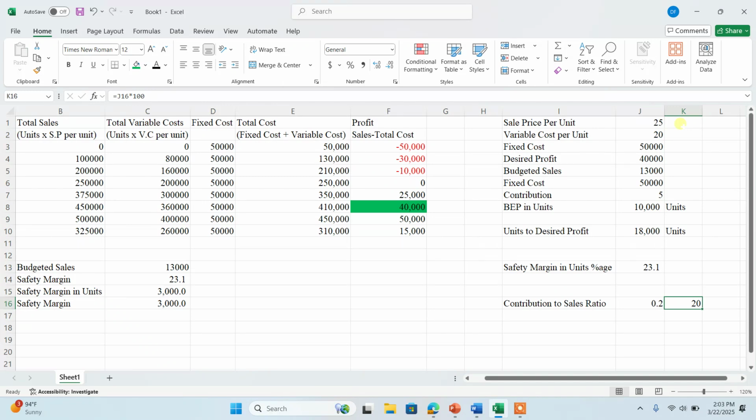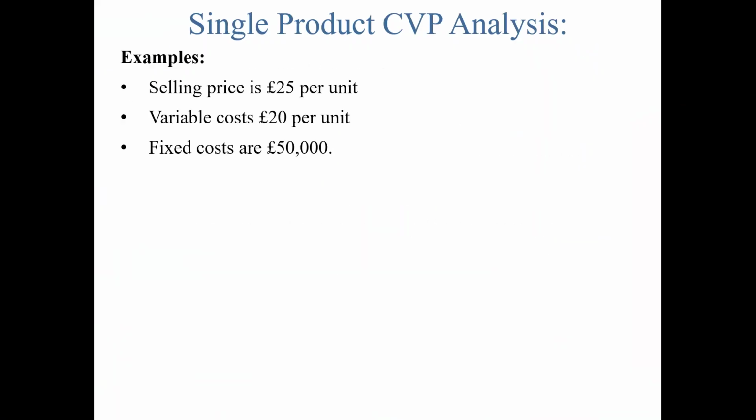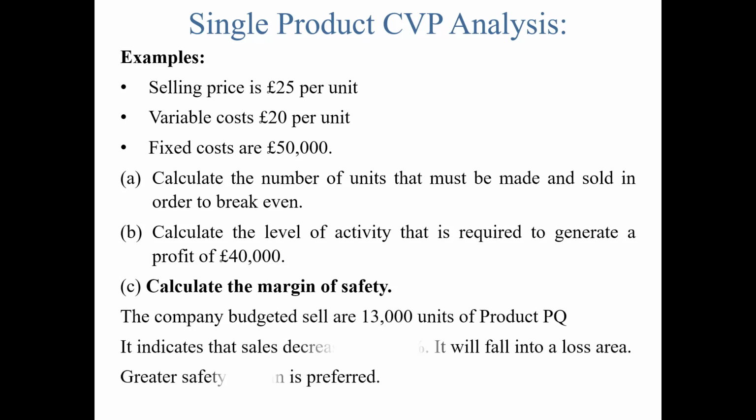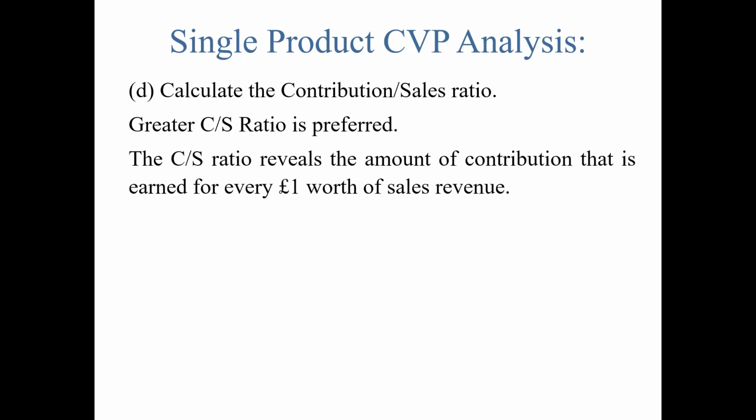Let me show you the interpretation of this contribution to sale ratio. How are you going to interpret it? The contribution to sale ratio reveals the amount of contribution that is earned for every dollar worth of sales revenue.